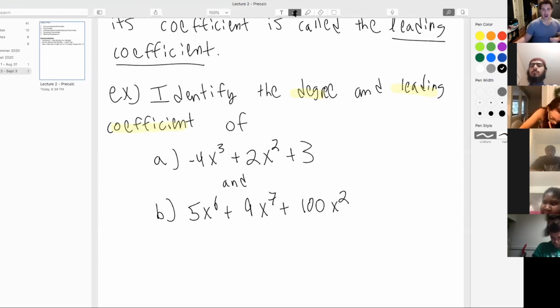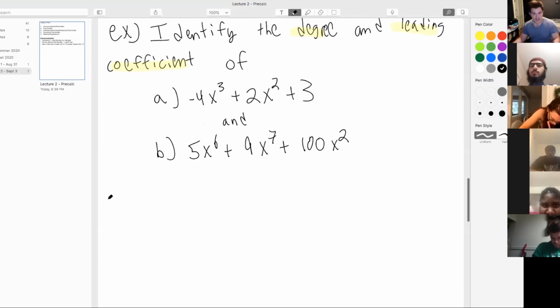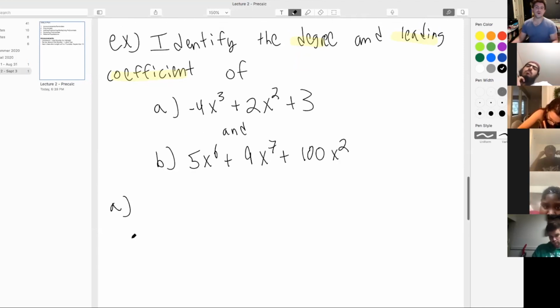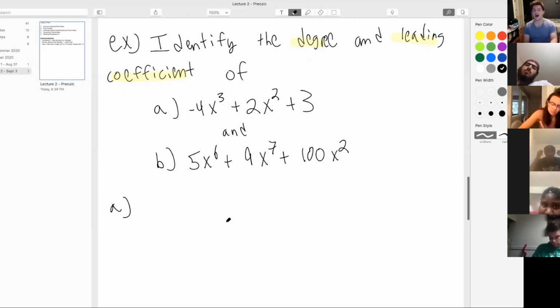Let's do A, and then maybe if someone would like to volunteer, they can answer part B for me. So I will do A. The degree, recall, is just the highest power present in the polynomial. The highest power present in part A is 3, so the degree is 3.